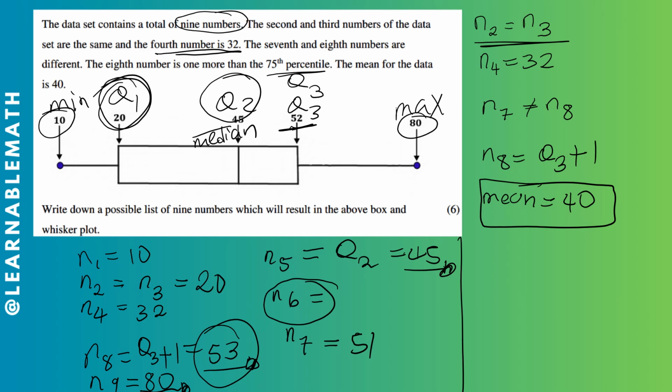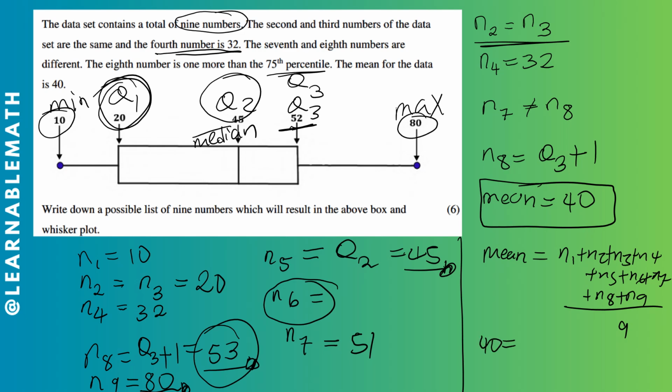We add all the data values and divide by the number of data values. So the mean will be number 1 plus number 2, number 3, number 4, number 5, number 6, number 7, number 8, plus number 9, and we divide this by 9 because there are 9 of them. The mean is 40.